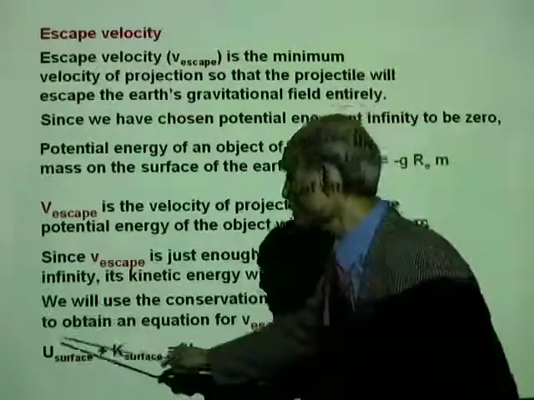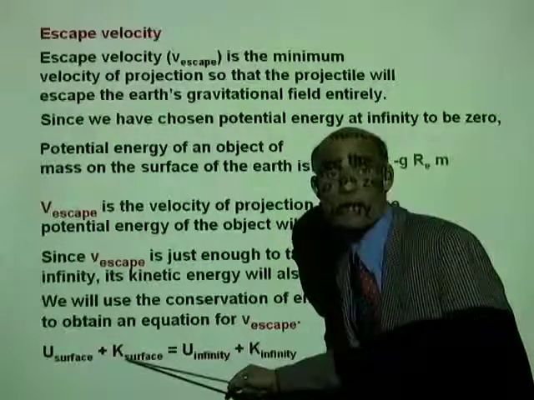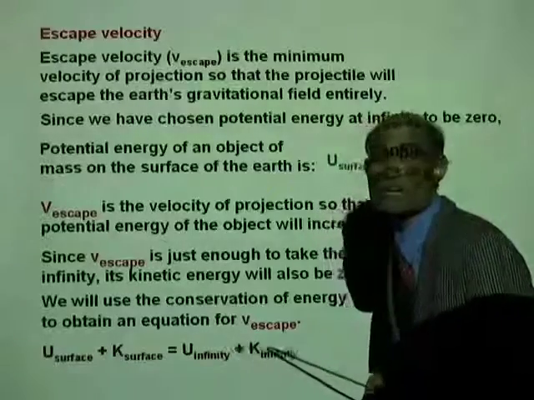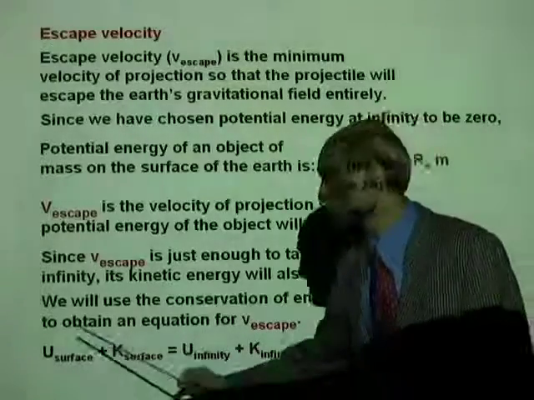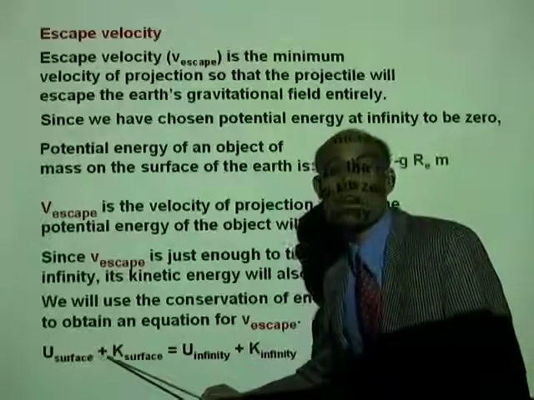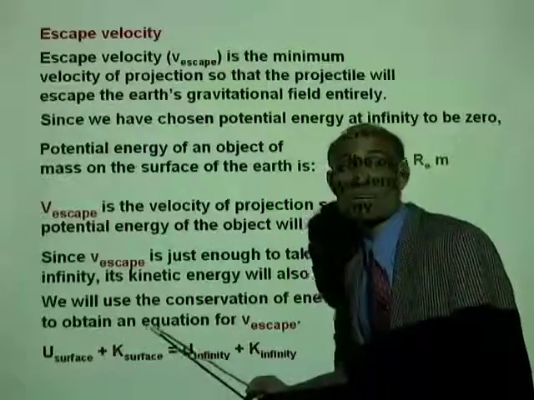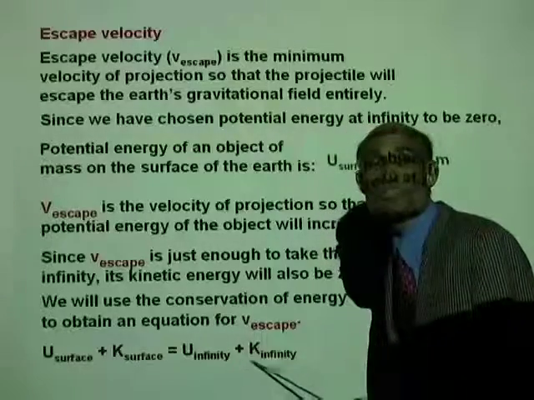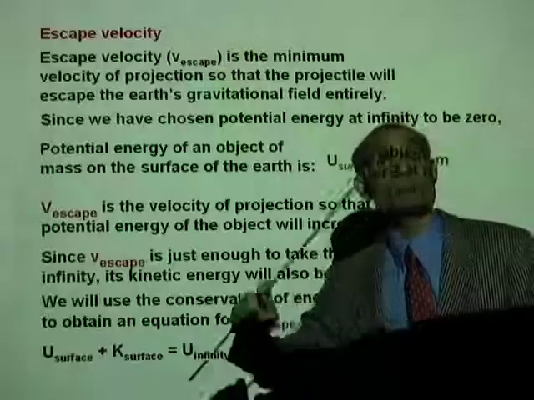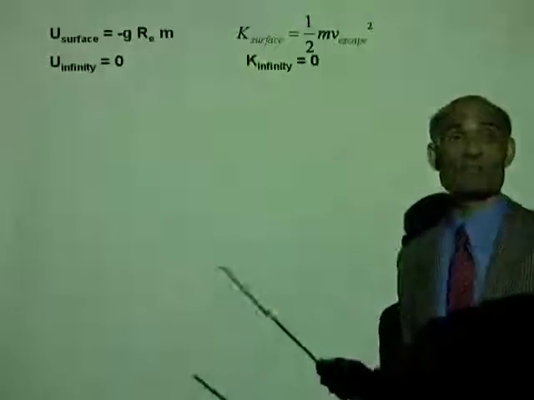Alright, so U surface plus K surface equal to U infinity plus K infinity. The sum of the potential and kinetic energies of an object on the surface of the earth must be equal to the sum of the potential and kinetic energies of the object at infinity.